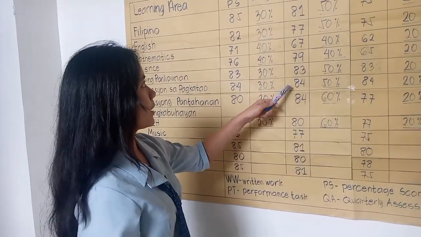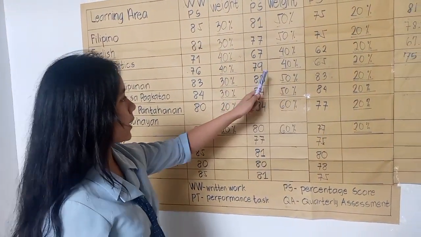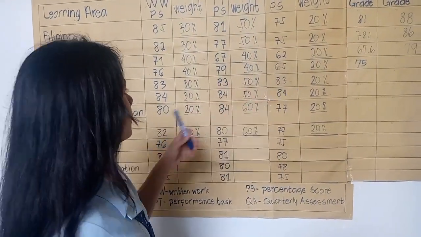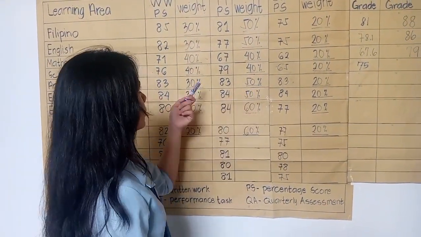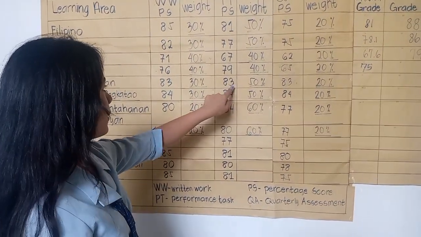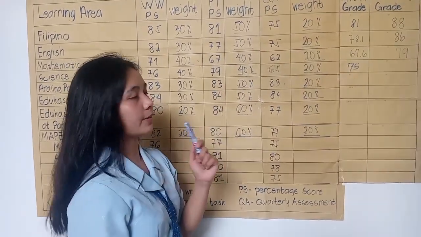And then the percentage of performance task is 83 and the weight of component based from the table is 50%. So to get the weighted score, multiply 83 times 50%, it equals 41.5.